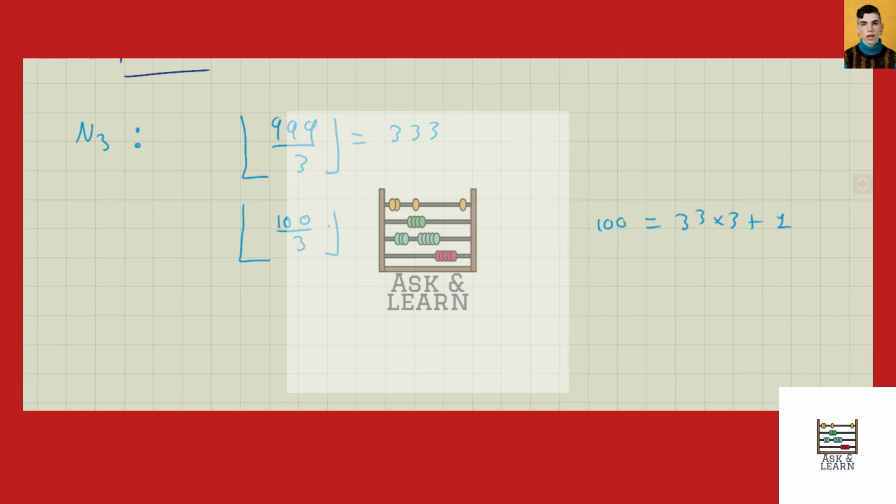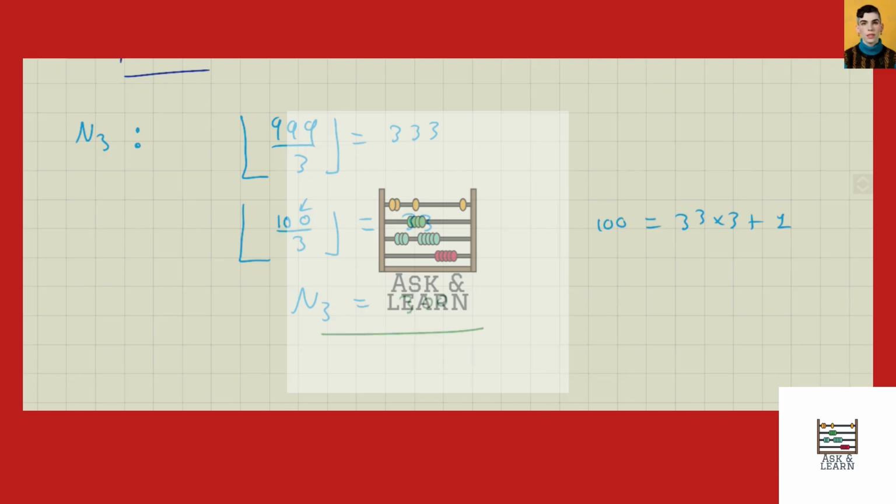Okay, so in this case, it's okay to consider the 100, not like in the previous case where we needed to consider the 99. So this is equal to 33. So n sub 3, the total number of integers on that interval that are divisible by 3, is going to be 300.